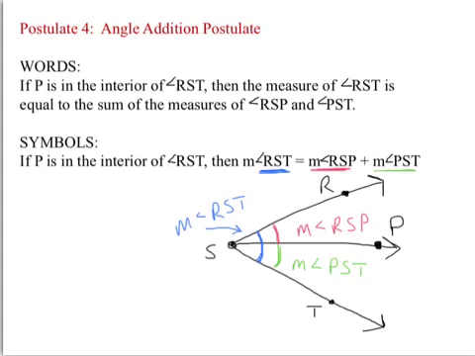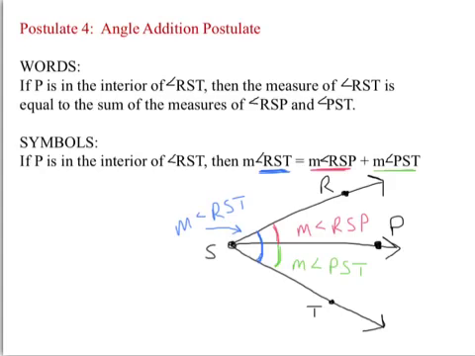Let's read this together. If P is in the interior of angle RST, interior means inside, P is on the interior of RST, then the measure of angle RST is equal to the sum, which is addition, of the measures of RSP and PST.